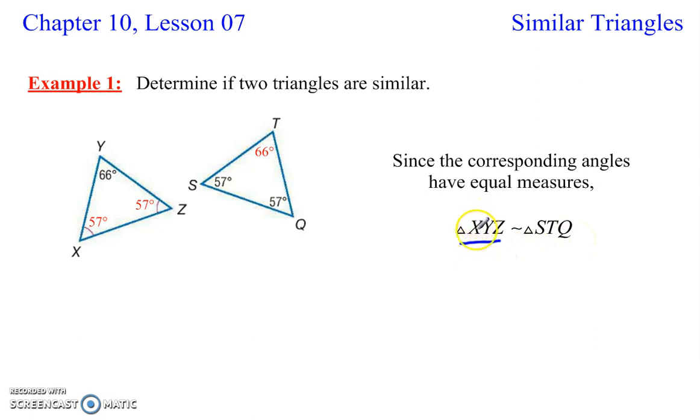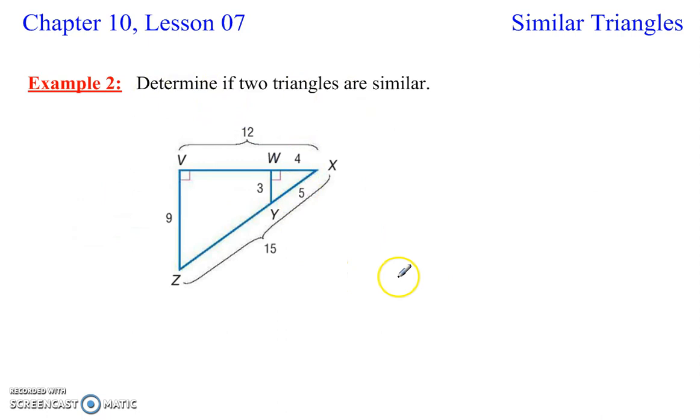Okay, X corresponds to S. So X is in the same place as S. Y corresponds to T. That's the angle with 66 degrees. So Y has to be in the same position as T. Okay, if you were to rewrite this XYZ and then over here TSQ, that would not be a correct similarity statement.